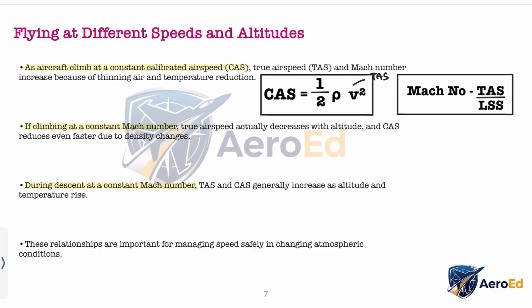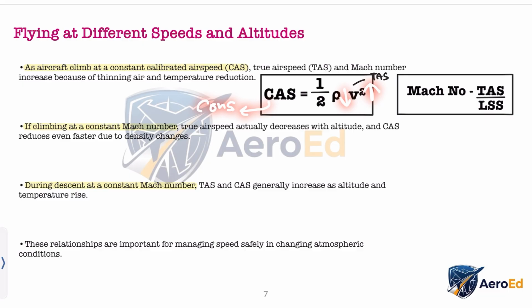As aircraft climb at a constant calibrated airspeed. This statement means that we have to keep the calibrated airspeed constant. So let's keep it constant, and you can see that the aircraft is climbing. So what happens in a climb? The density decreases. So if the density decreases, to keep the calibrated airspeed constant, we have to increase the true airspeed, right?